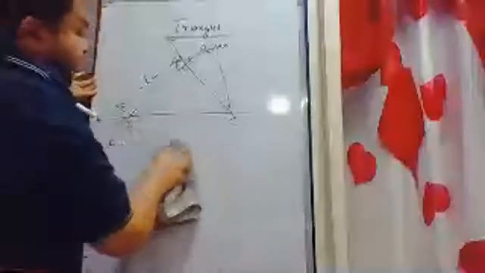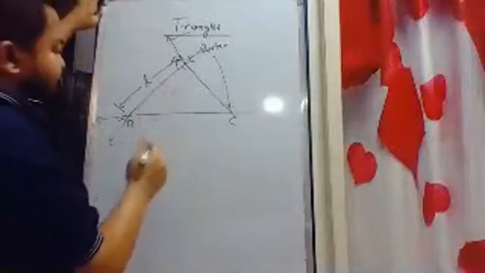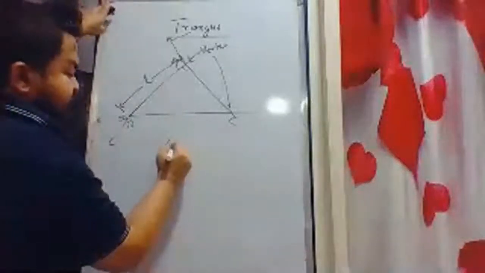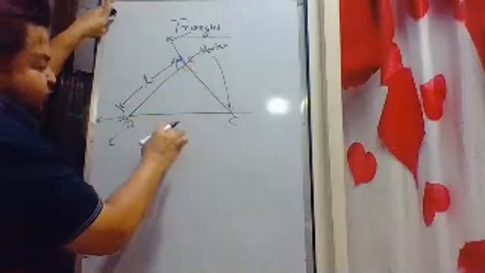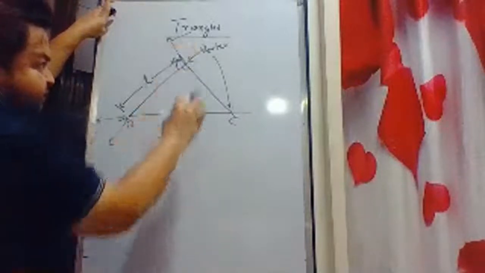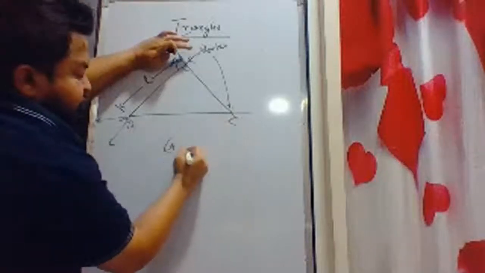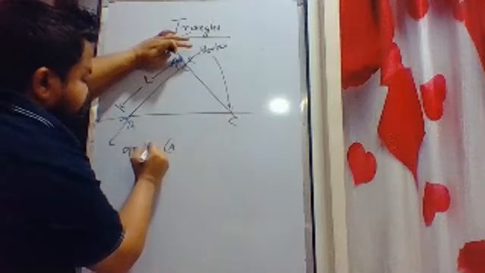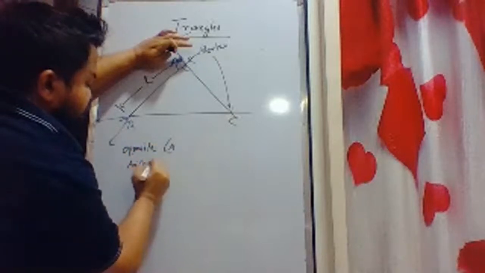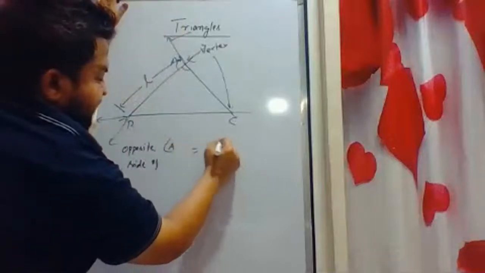Now let us see one more small and interesting thing. Whenever we say angle A, what is the opposite side of angle A? If you notice in the triangle ABC, if I just drop vertex A, the other two vertices give the opposite side of angle A, which would always be BC bar.